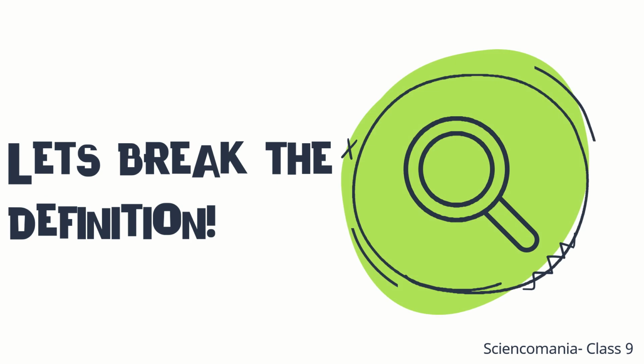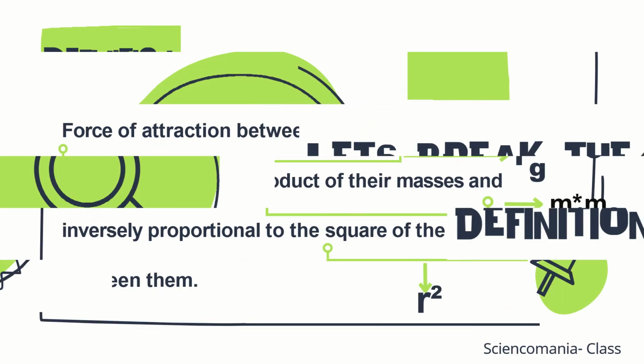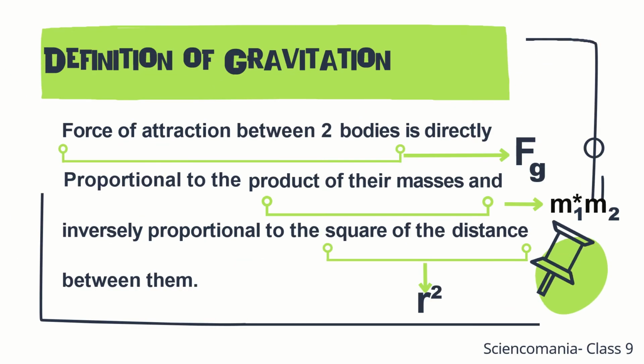Now, let us understand more by breaking the definition. The force of attraction between two bodies, I have written as F with a g at the bottom to denote it is due to gravitation. And the product of their masses, as I told you, m1 into m2.